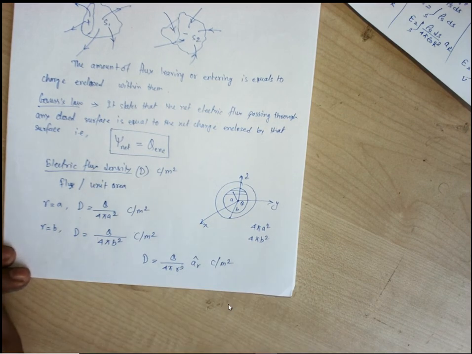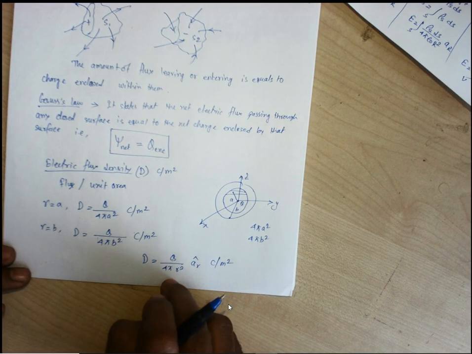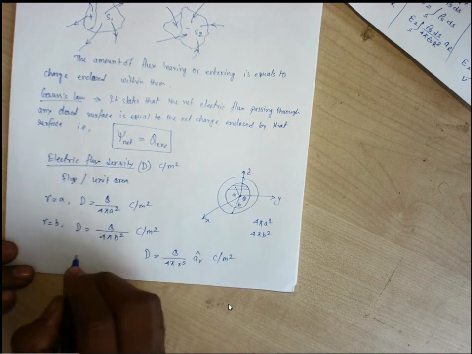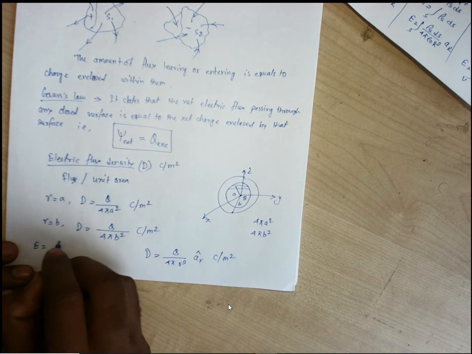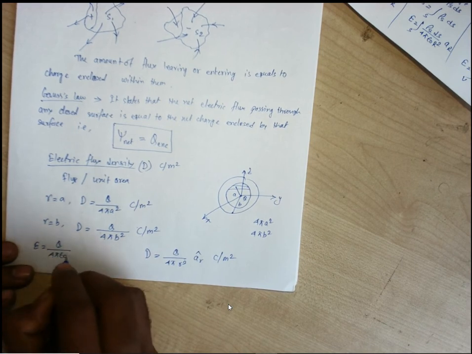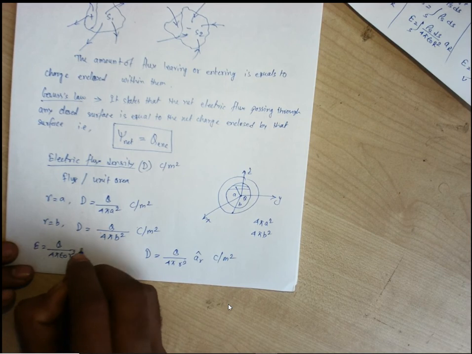Right. So from this, if we take the expression of the electric field, it is Q by 4 pi epsilon naught R square a_R, right?